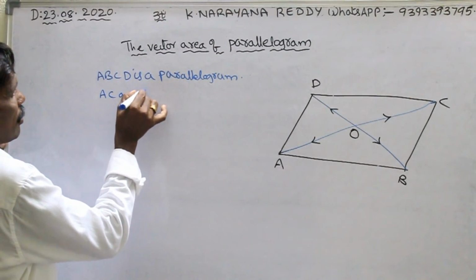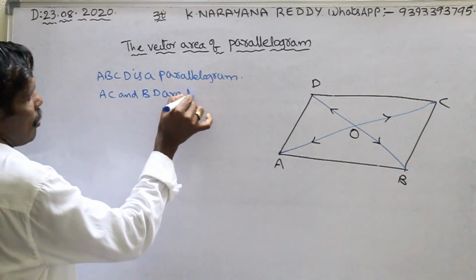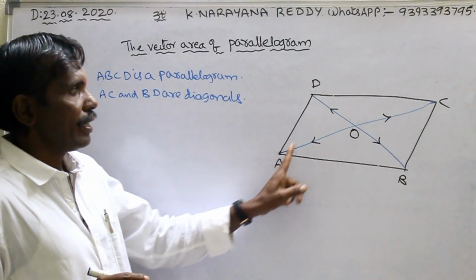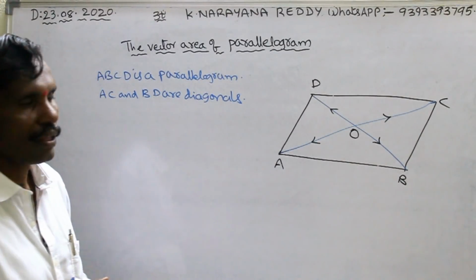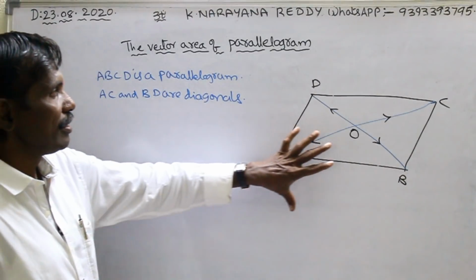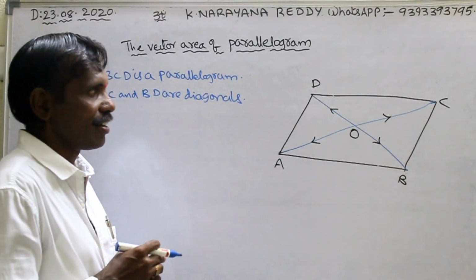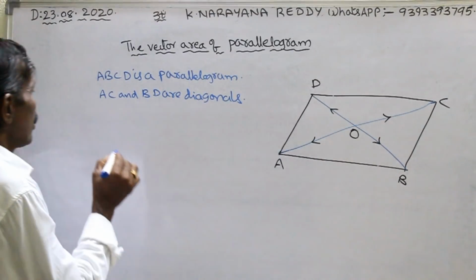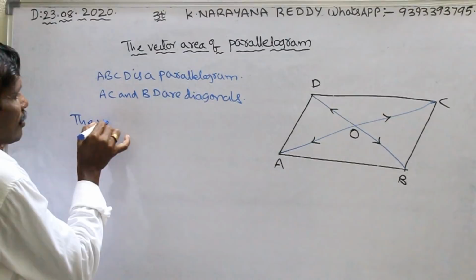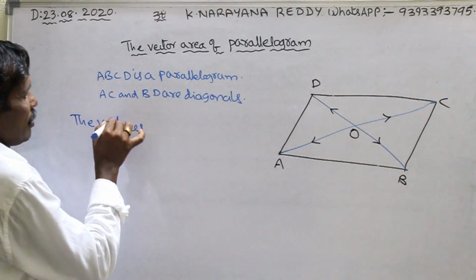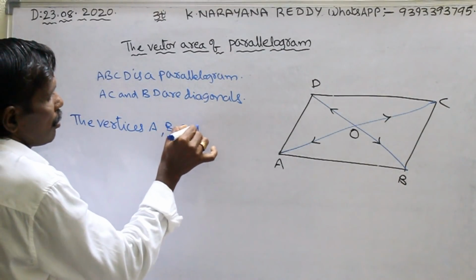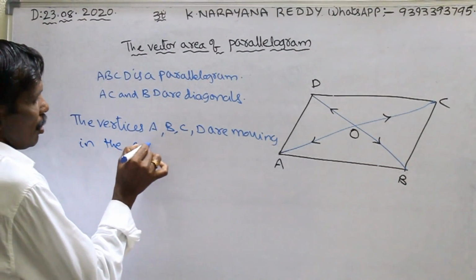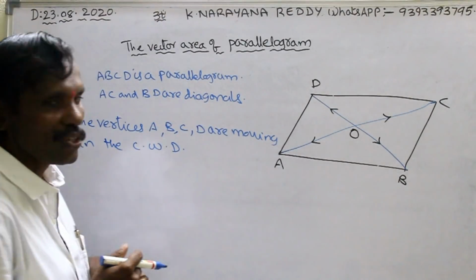The vertices of the parallelogram, A, B, C, D, are moving in the clockwise direction. How do you say this?